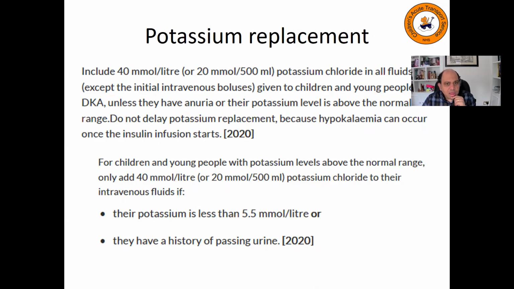So if they have high potassium at presentation or are anuric, you would not add additional potassium, but in all other patients, you would add potassium to their replacement fluid, because hypokalemia will occur very quickly, even if the potassium level is normal when you start insulin treatment. So that's the current guidance, and clearly the only exceptions are if the potassium is over 5.5 or they are anuric.